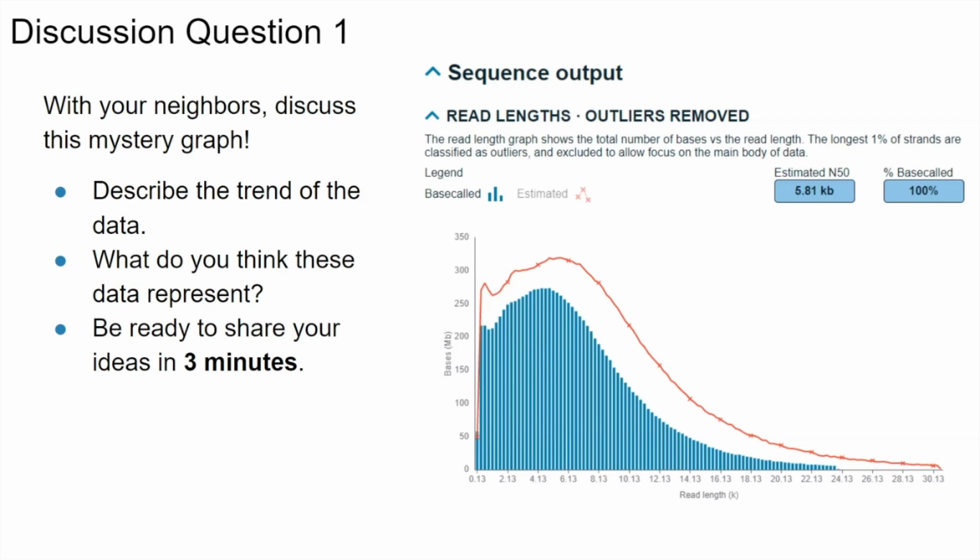So if we look at the pieces of DNA there that are really short, you're getting some that are less than 1,000, like 0.13, which is probably as short as you can get a read, because any shorter than that, there's nothing really that the DNA can, the adapters that are required to get the DNA through the pore. And I know you might have shared some visualizations or some explanations.